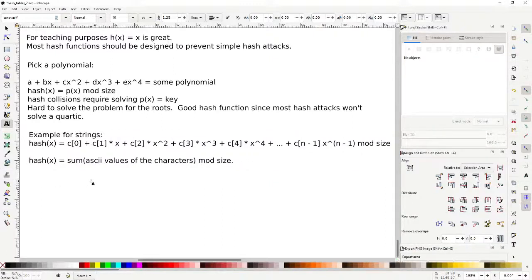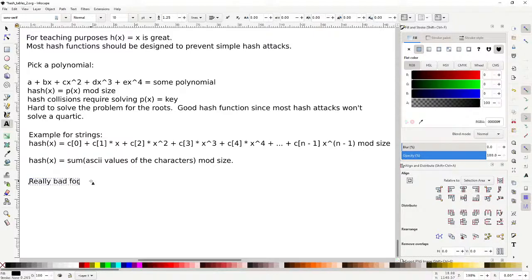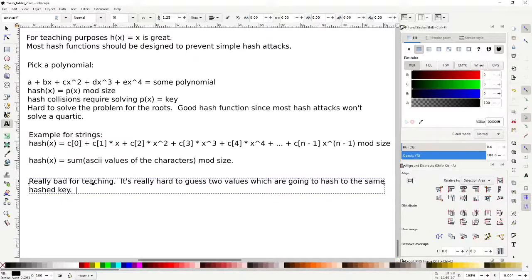But you see the problem with using any of these: they're really bad for teaching, and the reason why is because it's really hard to guess 2 values which are going to hash to the same hashed key, right? But they're great for real life for exactly that reason, right?